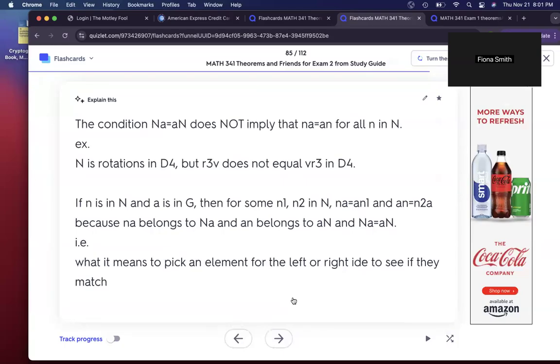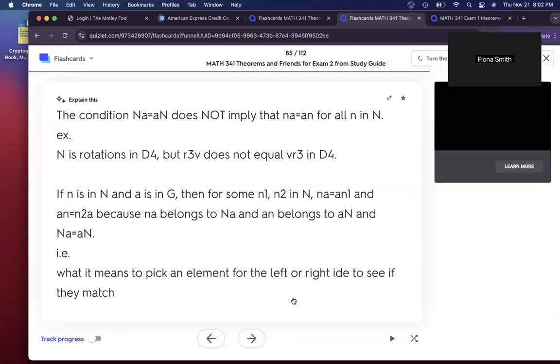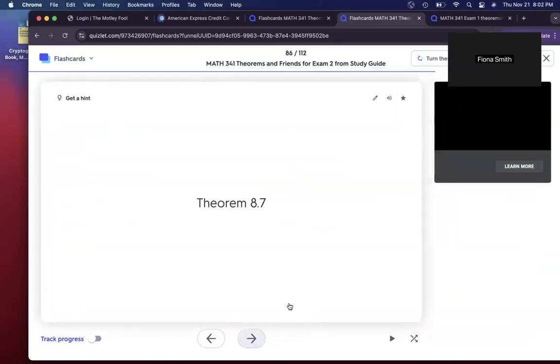We're still on the normal group remarks. If n is in N and a is in G, then for some n1, n2 in N, we have na equals an1. Since we just said that left coset equals right coset doesn't mean that they equal using the same elements n. So for some n1, n2 in N, na equals an1 and an equals n2a, because na belongs to Na and an belongs to aN, and the left coset equals the right coset. And that basically, to sum that up, we pick an element for the left or the right side and then see if they match.